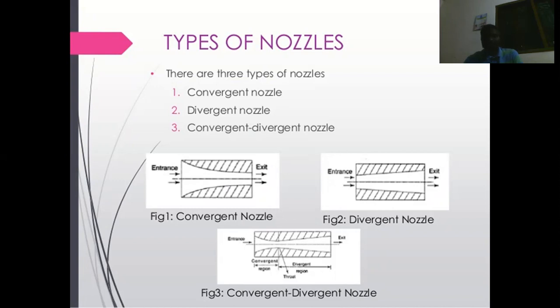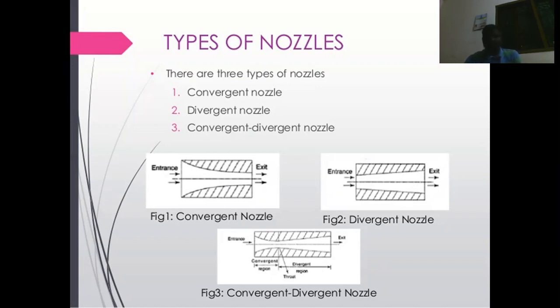We are using nozzles in aircraft, where we use nozzles to enhance the velocities of the gases when they are exiting from the turbine. When their velocities are enhanced by the nozzle, we can increase the speed of the flight, and that is the main application.